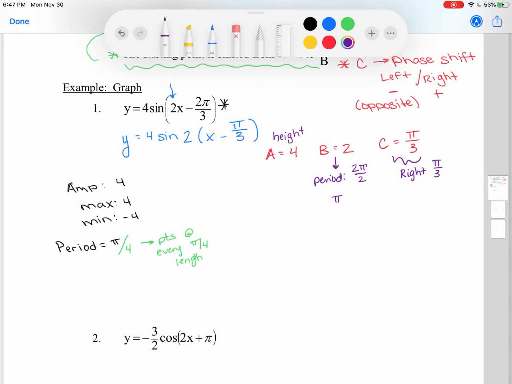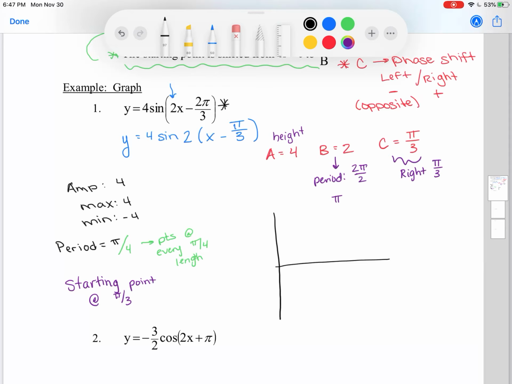And last but not least, our starting point. This is new to us today. Our starting point is going to be at pi over 3. Whatever our C value was when we took it out, that is going to be our starting point. Okay? So with all that information, let's go ahead and draw a graph. I'm going to stick to the right side.